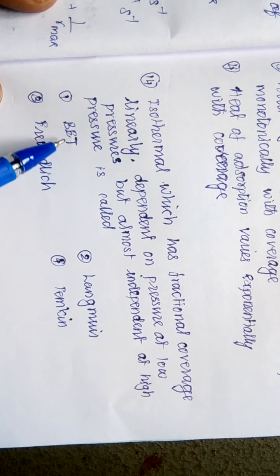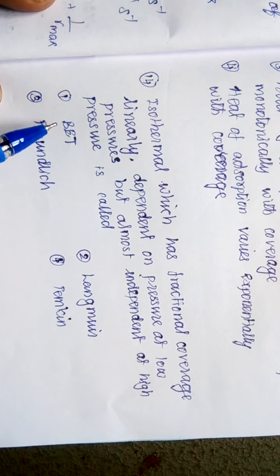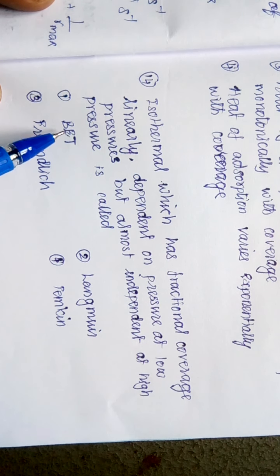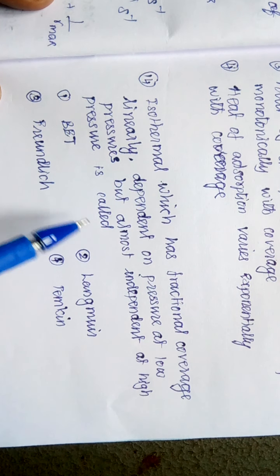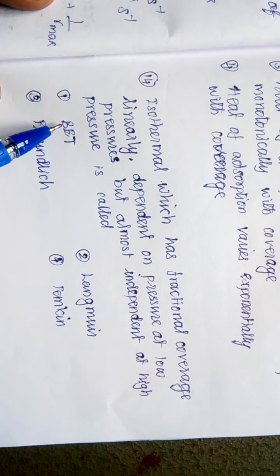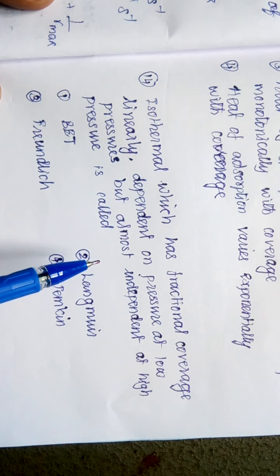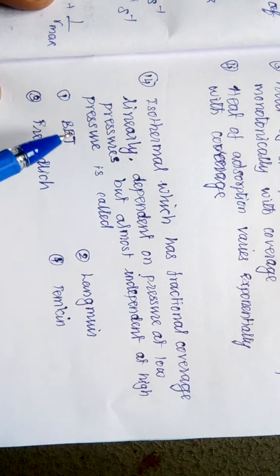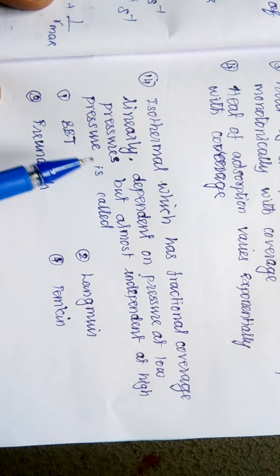The BET equation theory means at low pressures it will be linear, but at very high pressures it is also dependent on pressure. At low pressures it will be monolayer, and at very high pressure it will be multi-layer for the BET equation. So this is not the ideal condition for this.